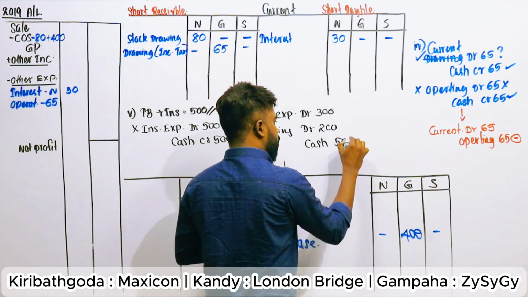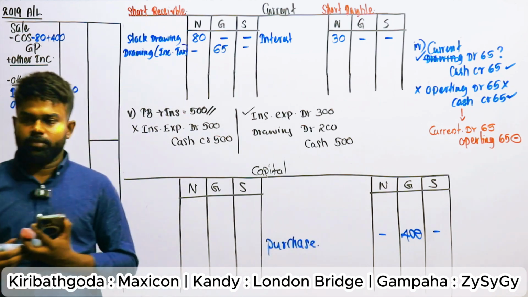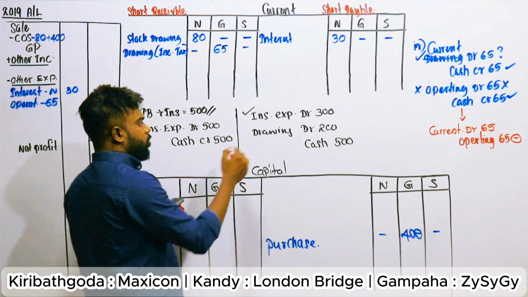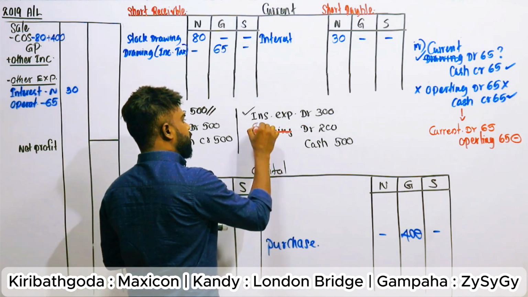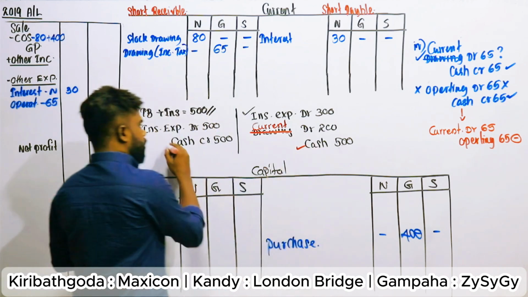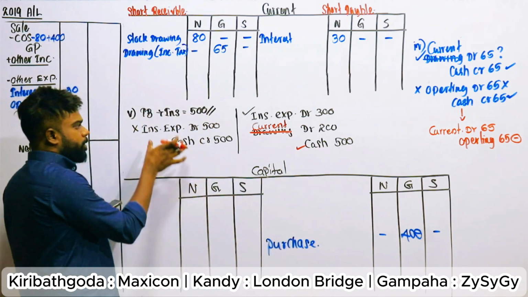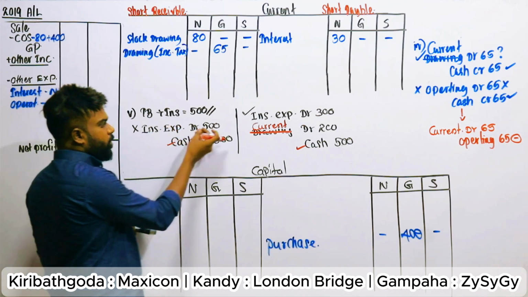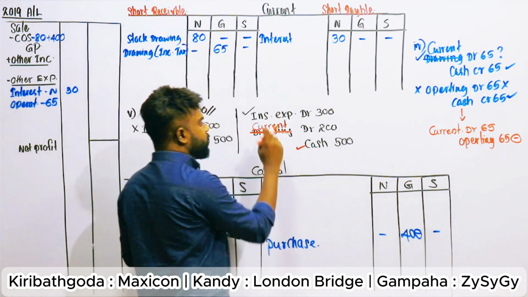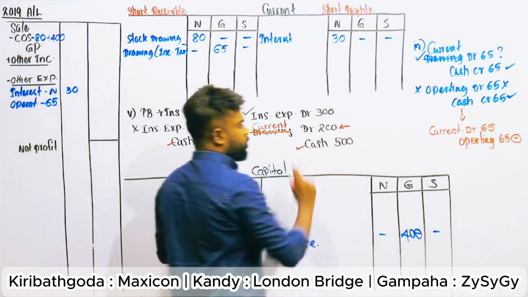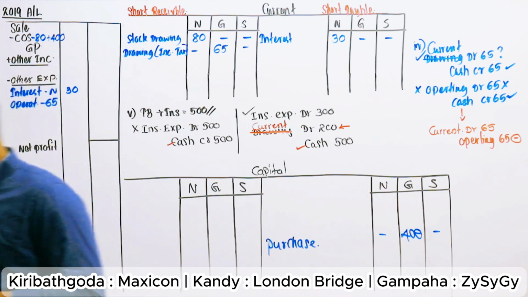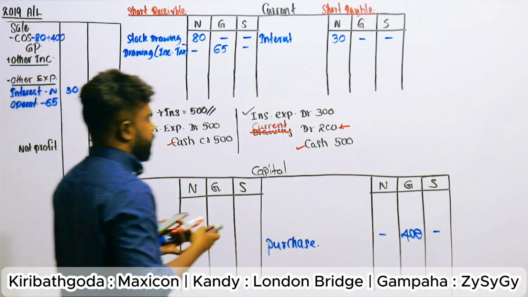Therefore, drawings should be debited to which account? Current account. But what's the error here? Cash account is correct, no issues. Total insurance is 500, deduct 200 and transfer to here. Tell me the correction entry. How to correct now?